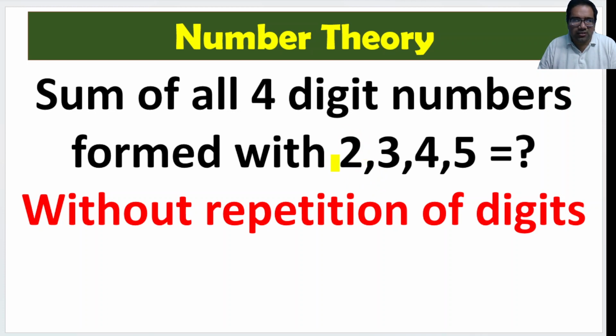Because when the first slot is taken by 2, the remaining 3 slots can be shared by the other three in 3 factorial ways, 3 times 2 times 1, which is 6 ways.